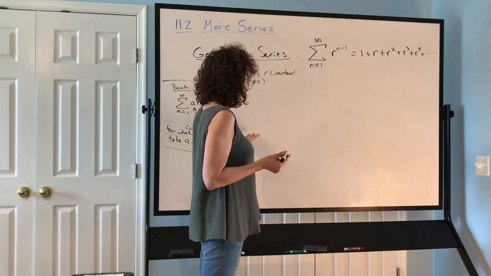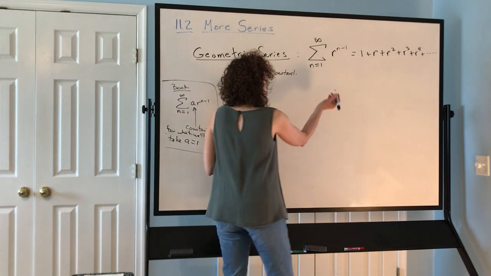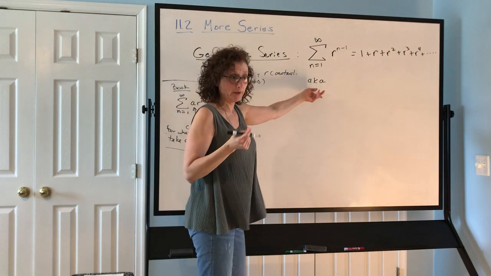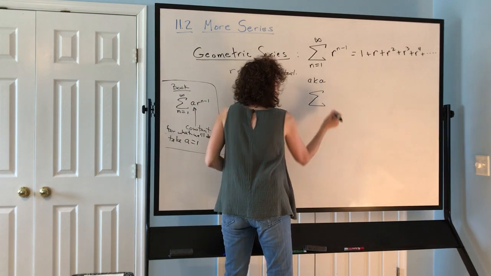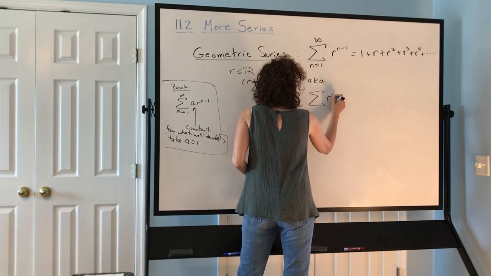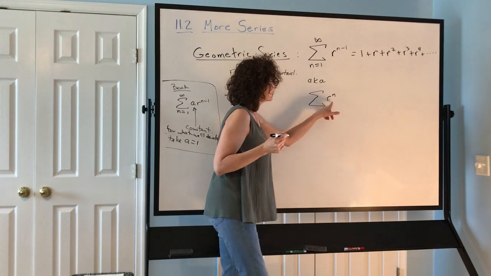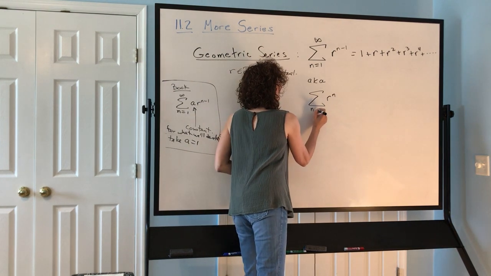Okay. So what else is another way to write this exact same series? Another way of writing it, which I actually prefer, is where we can just do R to the n. And so if we're summing R to the n, then where should our counter n start?